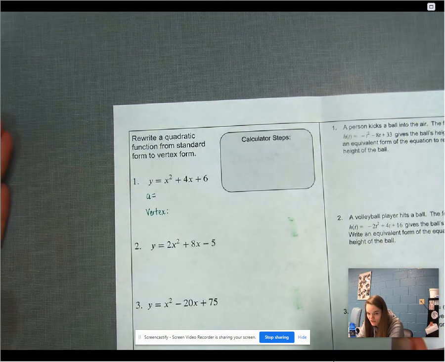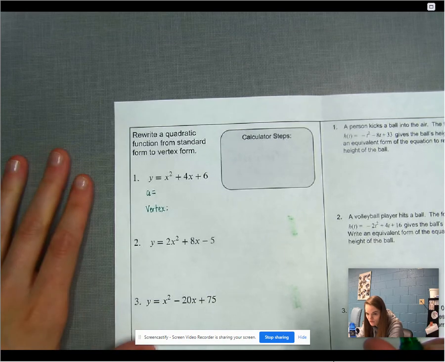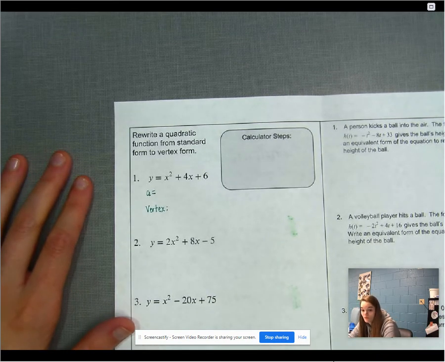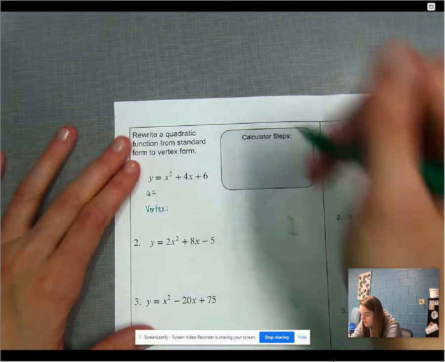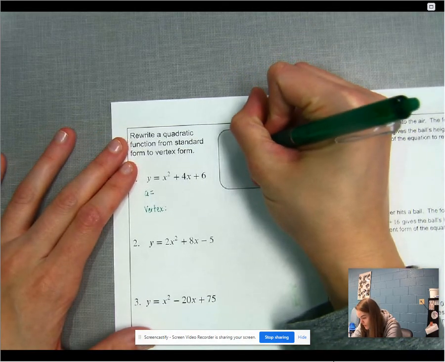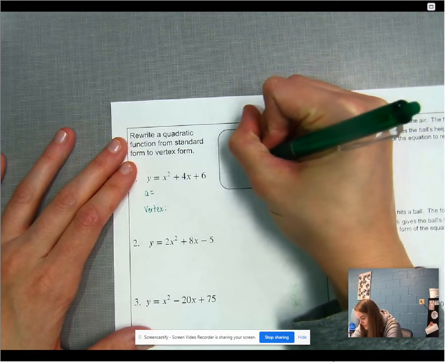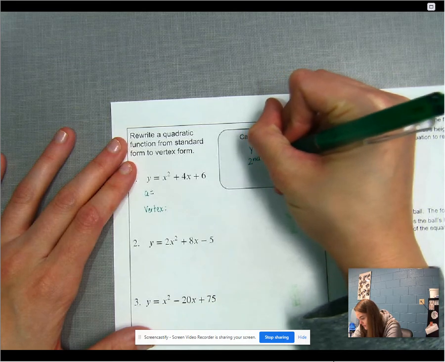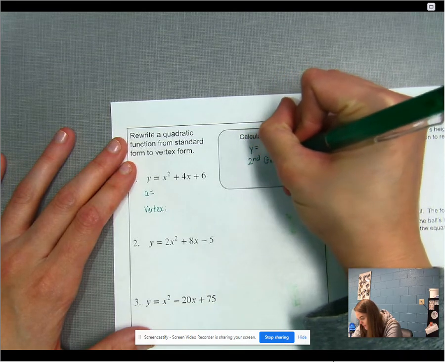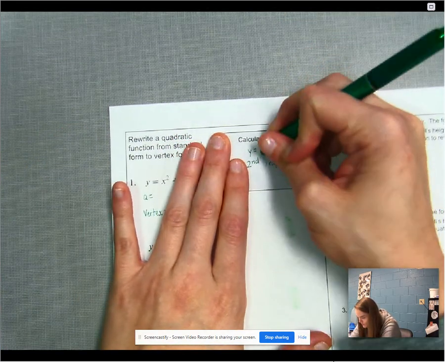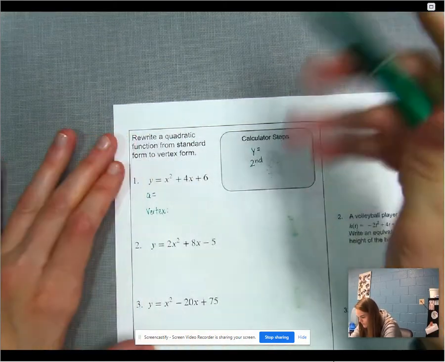Now, A, I can identify. But before we worry about that, we're going to talk about the calculator steps to find the vertex. We've done this before, and you just might not realize it. We are going to press y equals. We're going to press second graph. It's two different buttons. I'll press second graph.